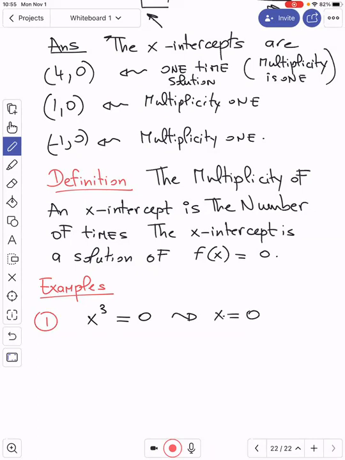But this is a 3 times solution because the power of x is 3. So x equal to 0 is of multiplicity 3.